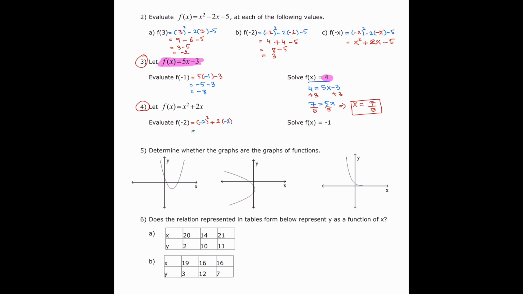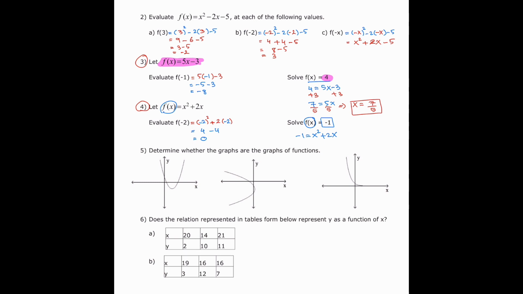Now I will evaluate. -2 squared is 4, plus 2 times -2 is -4. 4 minus 4 is 0. Now we want to solve f of x is equal to -1. Again, I will take this f of x and replace it there, so it's equal to -1. So -1 equals x squared plus 2x.